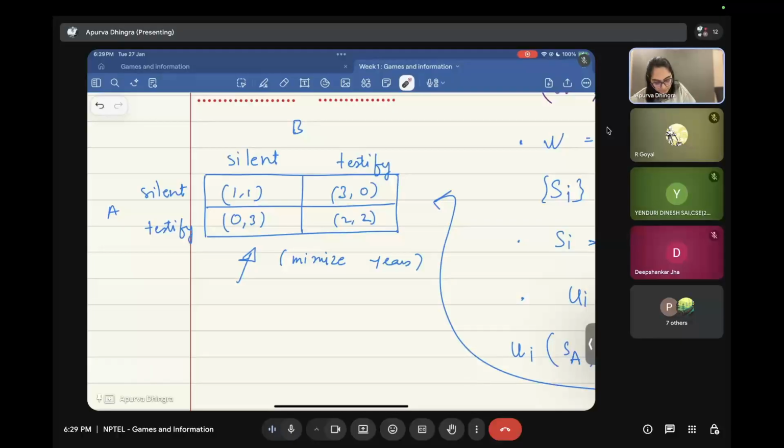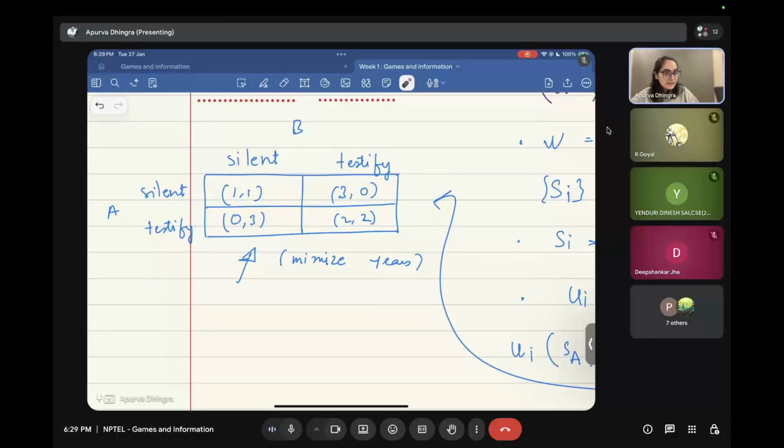For example, let's focus on only this particular case. I'm talking about player A choosing to stay silent. Whether he'll get to be in jail for 1 year or 3 years is no longer in his hands. It depends on what was done by the other player.